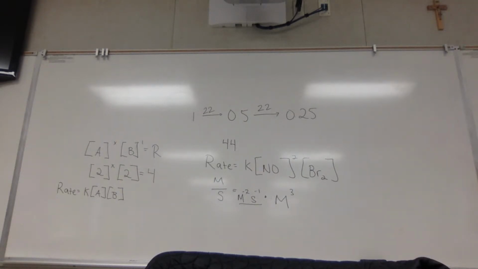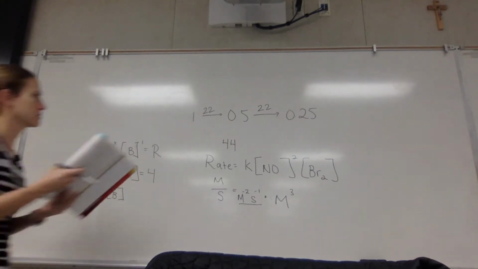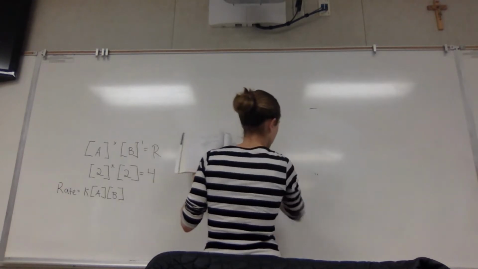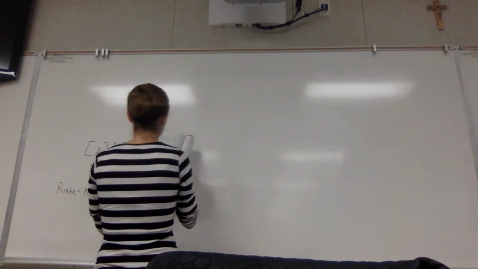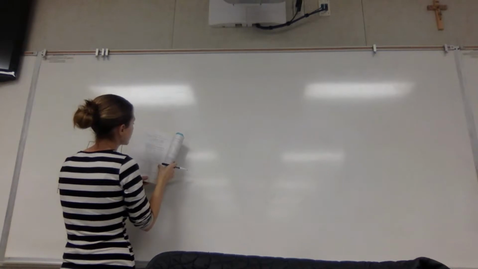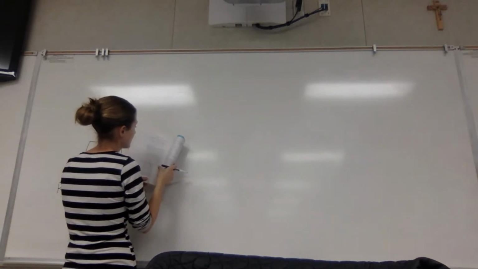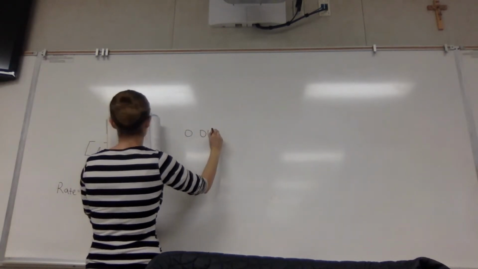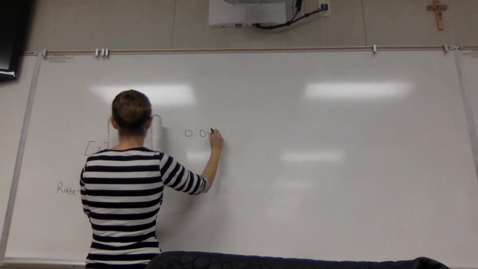For C, in experiment 2, what is the concentration of NO remaining when half of Br2 was consumed? In experiment 2, you use 0.01 of Br2, so half of it. I'm going to write my reaction. Half of the original Br2 was consumed, so you consumed 0.01 moles of Br2.